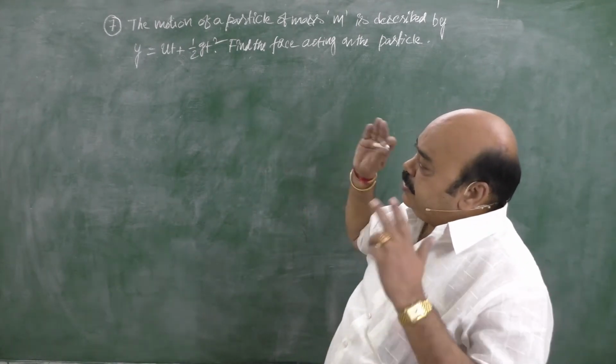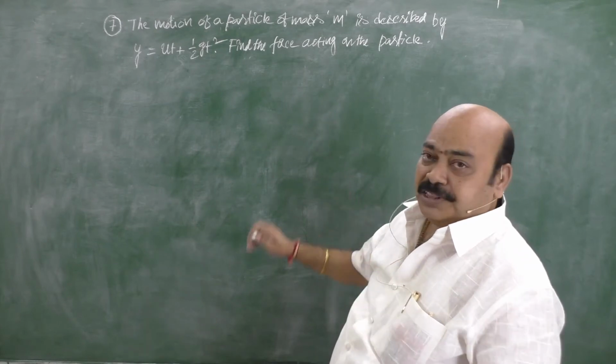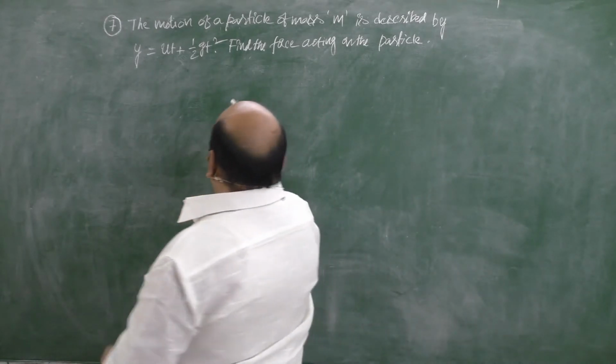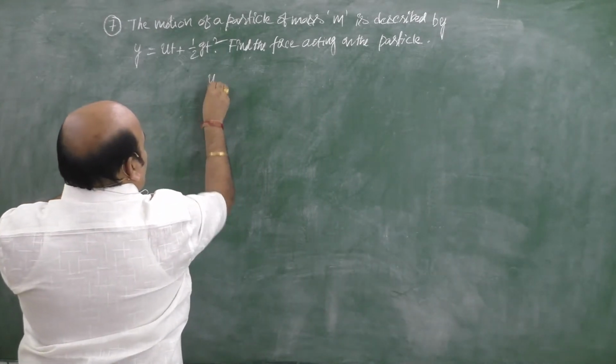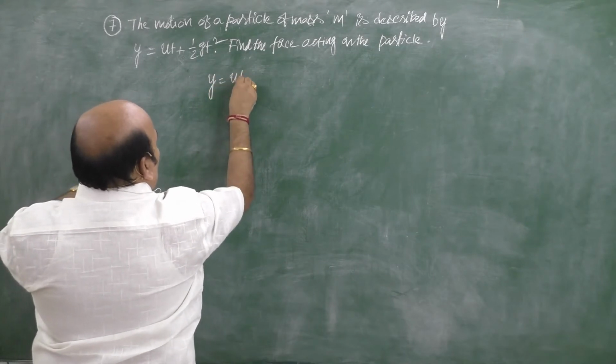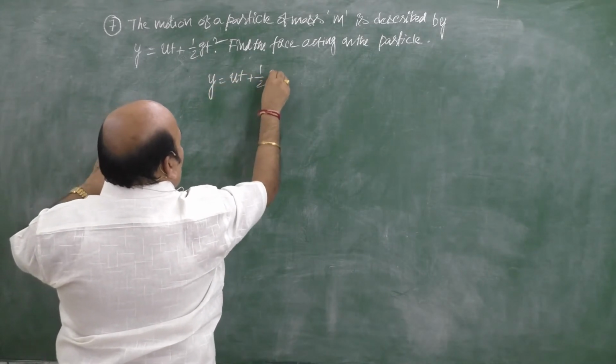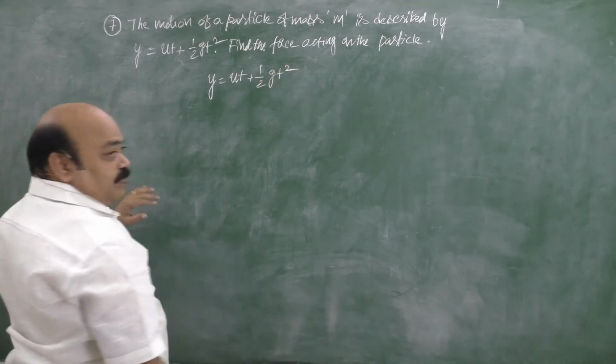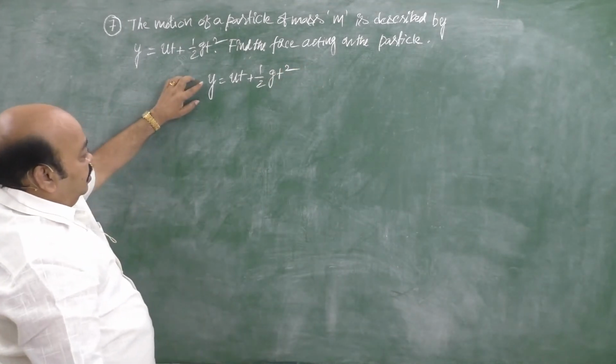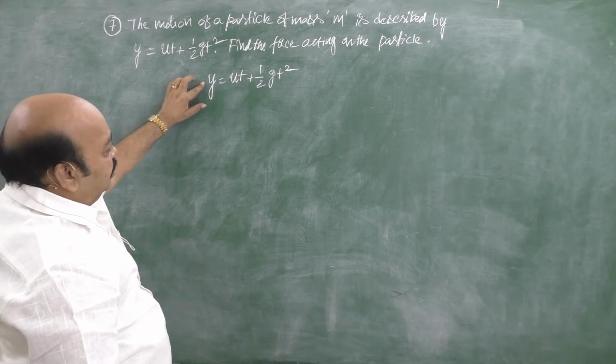It is similar to something else. Just to think over what is given. The displacement y is equal to ut plus half gt square. On the left hand side we have displacement.